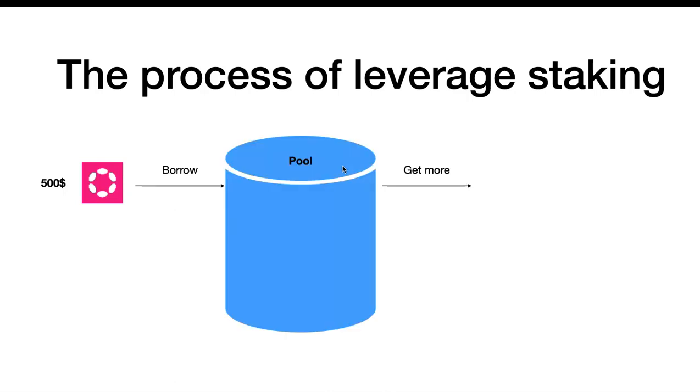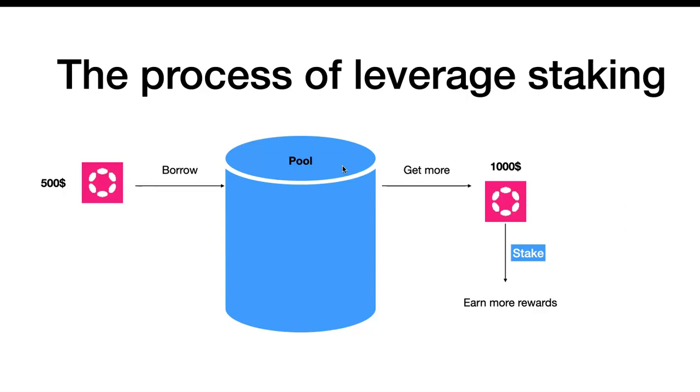For example, I can go to a pool and borrow some money, like another $500, and so now I have $1,000. With this $1,000, I can earn more rewards, right? If I stake them, I'm going to earn more rewards. This is the basic concept of how you leverage your fund.